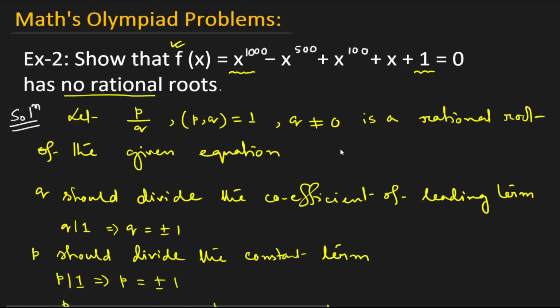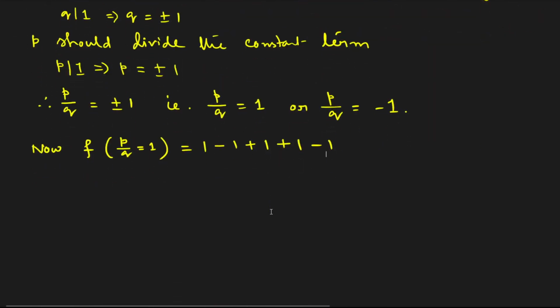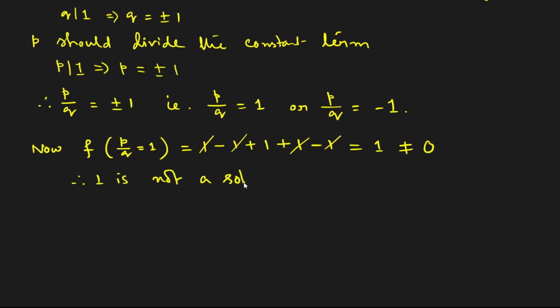We are putting x equal to 1 in this particular polynomial. After putting, this 1 cancels out, this 1 cancels out, but still 1 is left. So this is not 0. Therefore 1 is not a solution.